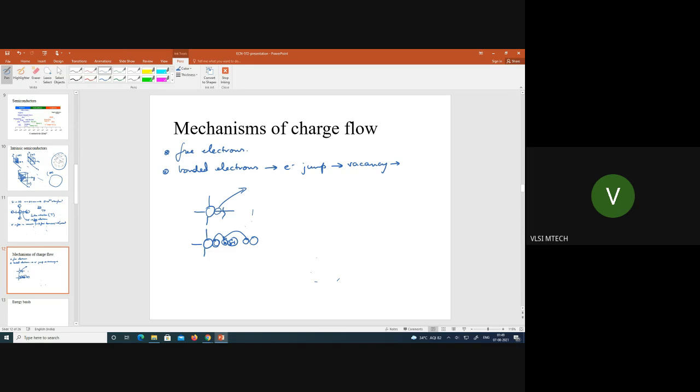So the bonded electrons are sort of jumping from one silicon atom to the next, and in turn there is a movement of the vacancy from one silicon atom to the next in the opposite direction. These vacancies are basically absence of electrons, so obviously we call them holes because it's a hole where there's no electron, right? And they are positively charged.